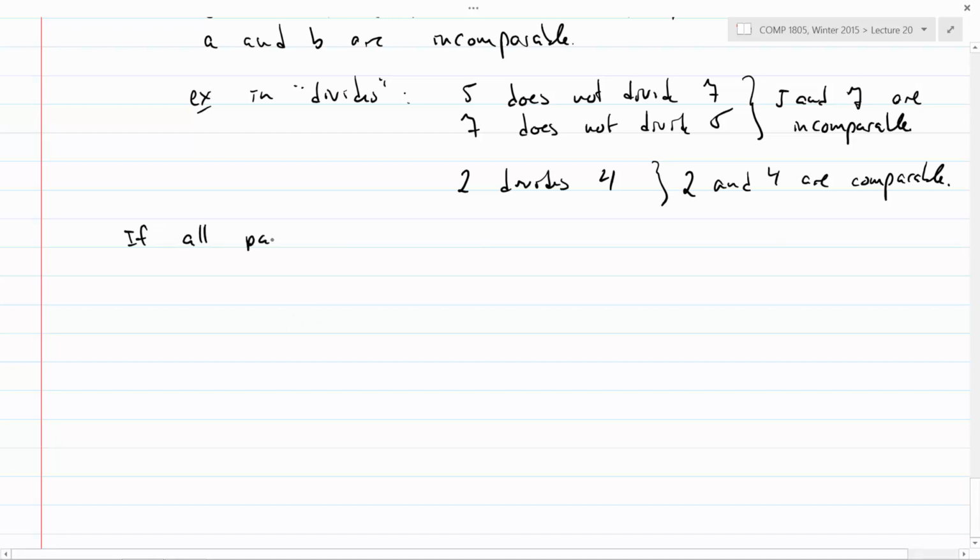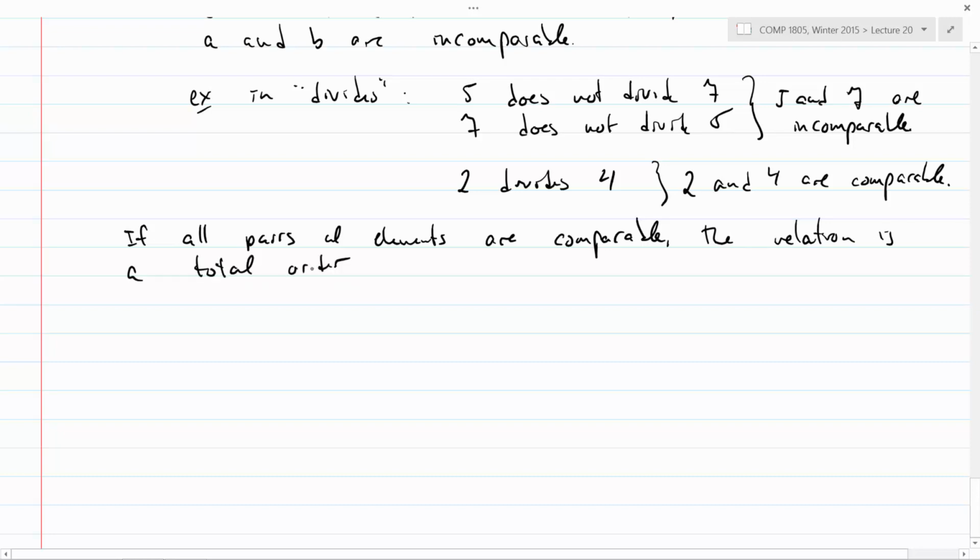If all pairs of elements are comparable, the relation is a total order. Sometimes this is called a chain. That's another word for it.